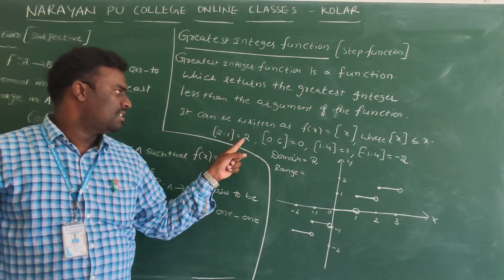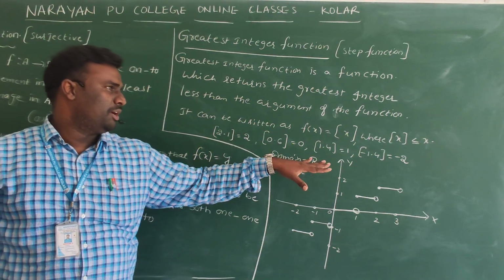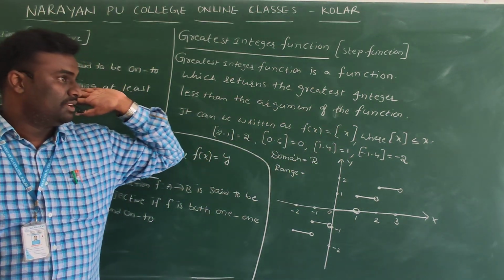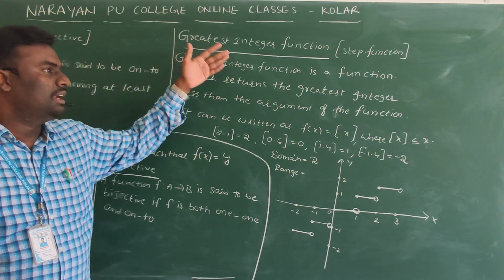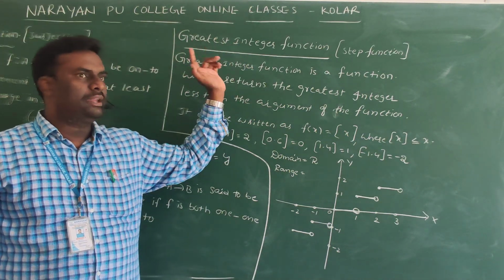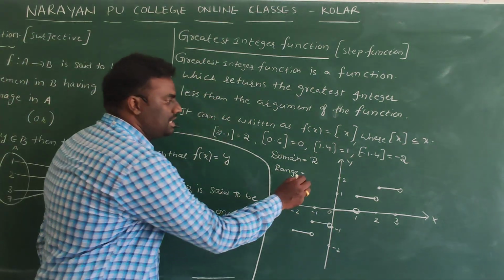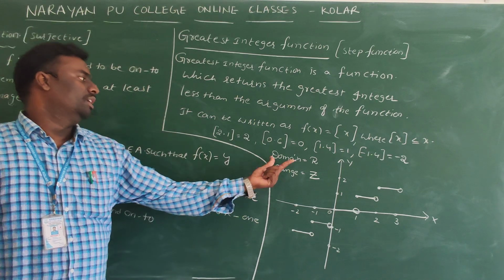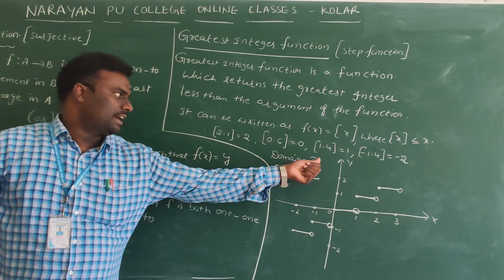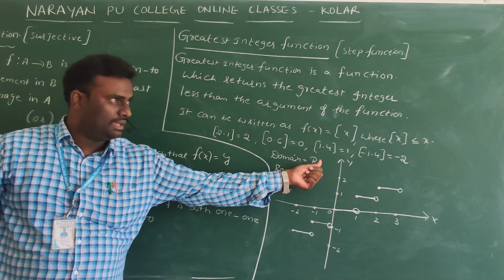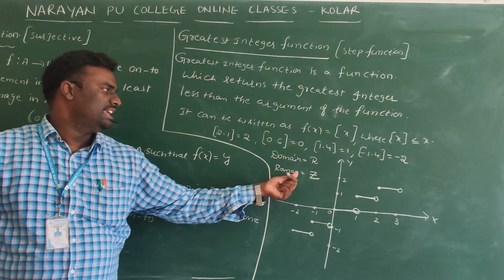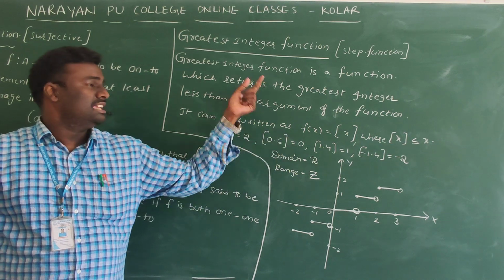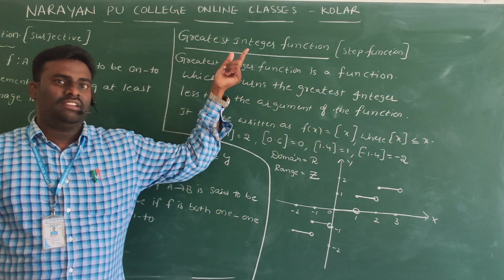Decimals in the sense answer will not give 2.1, 3.1. Only answers are integers. Why? Because step function always gives the preceding integer. These integers are denoted by Z. Therefore, the domain of this function is capital R, nothing but real numbers, and range of the function is capital Z, nothing but integers. So this is greatest integer function.